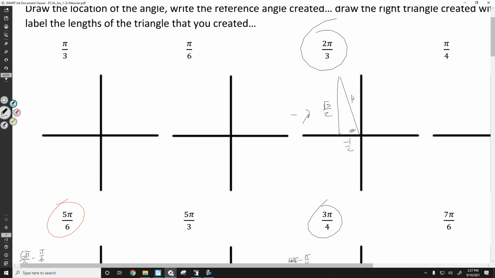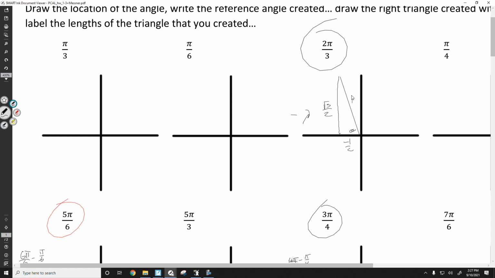You guys see why the cosine of 2 pi over 3 is negative a half? Why? Because cosine is what? Adjacent over hypotenuse, right? This reference angle is all I care about if I'm talking about this obtuse angle. The cosine of that reference angle in this triangle is the same as the cosine of that obtuse angle. Adjacent over hypotenuse, negative 1/2 over 1.